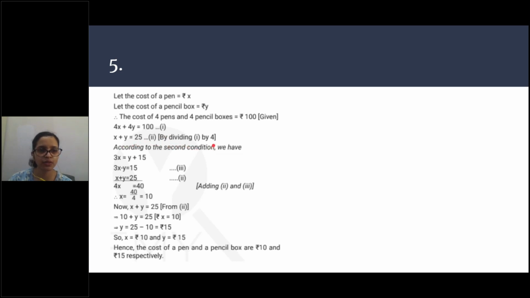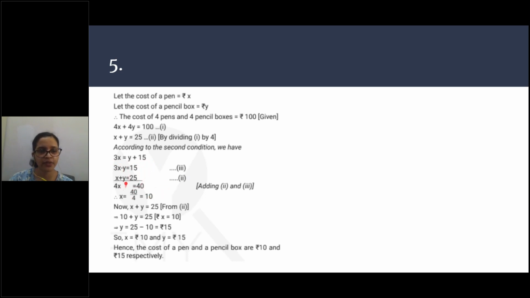And that's okay if you don't, eventually it will get simplified. So you can do this step or you can skip it, anything is fine. Then according to the second condition, the cost of 3 times a pen is 15 more than a pencil box, right? So 3x is equal to y plus 15. That's how you get the second equation.